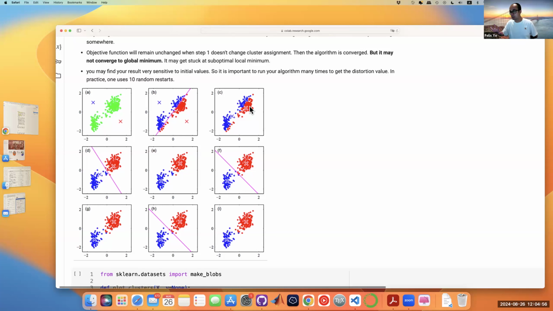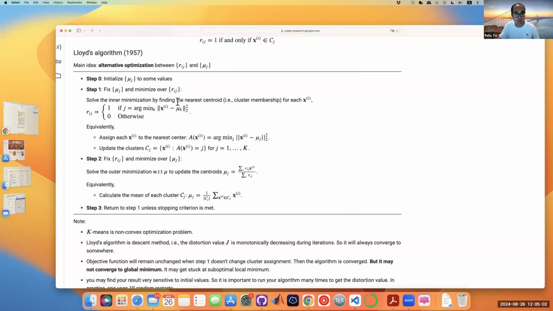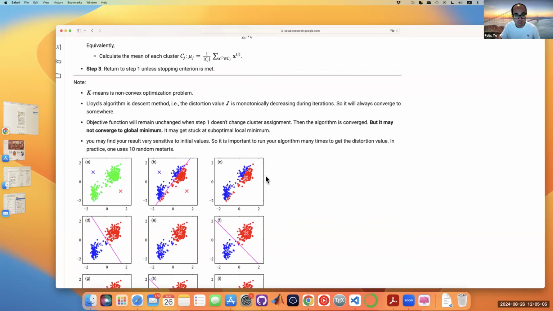Next you do this alternately. Assigning the memberships corresponds to step 1. In step 2, we recalculate the centroids based on the updated clusters. So now the centroid of my new blue cluster will be right here, and this will be my red one, the new centroid of the red cluster.